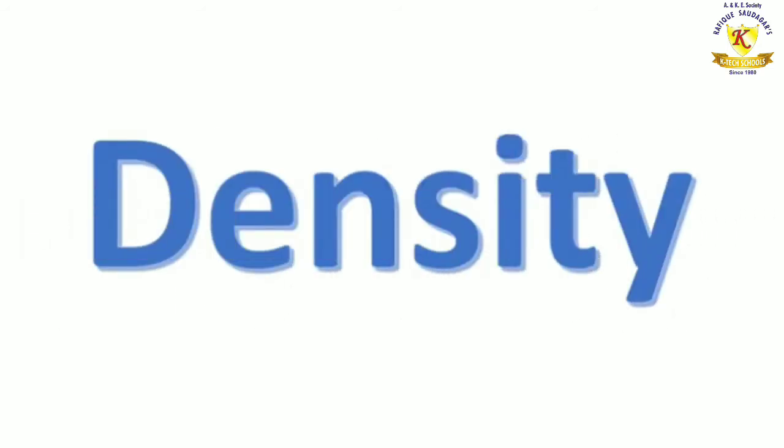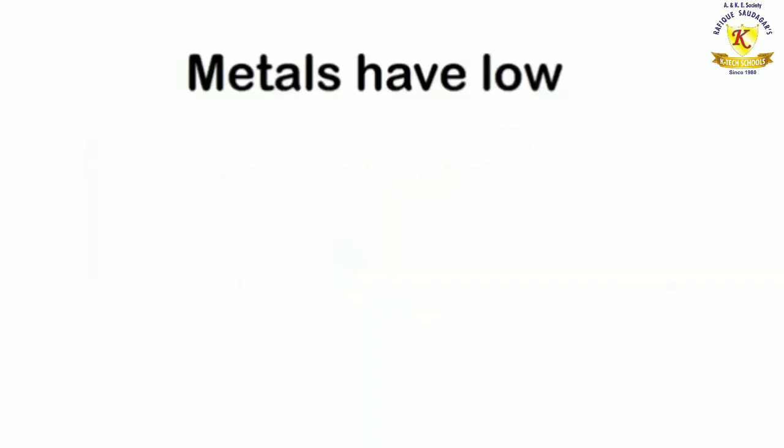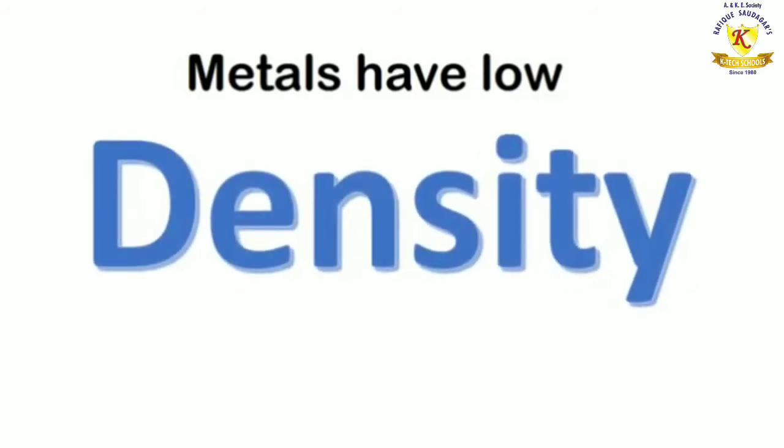The next property we have is density. We have just seen what density is. So, non-metals have low density. The next property is melting and boiling point.